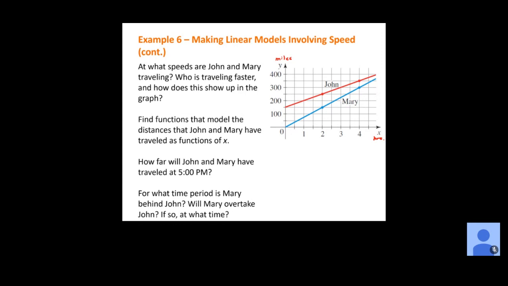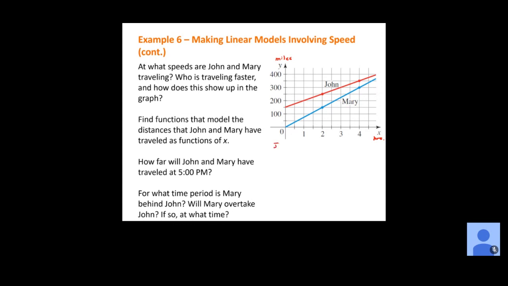Because miles per hour would be a speed. I really just need to divide the number of miles traveled by the number of hours that have elapsed, and that'll give us our speed in miles per hour. That's the same thing as finding a slope, because the difference in the y values over the difference in the x values is going to give us the slope, which is now the speed.